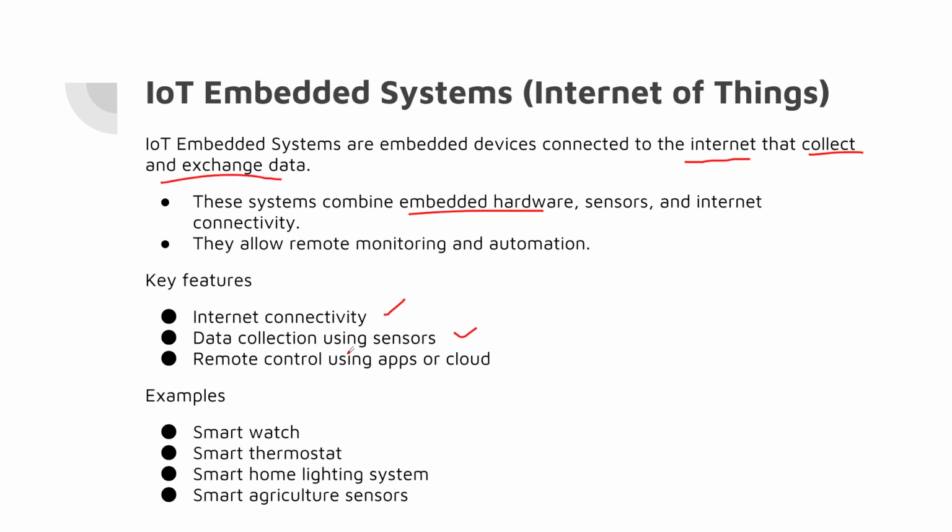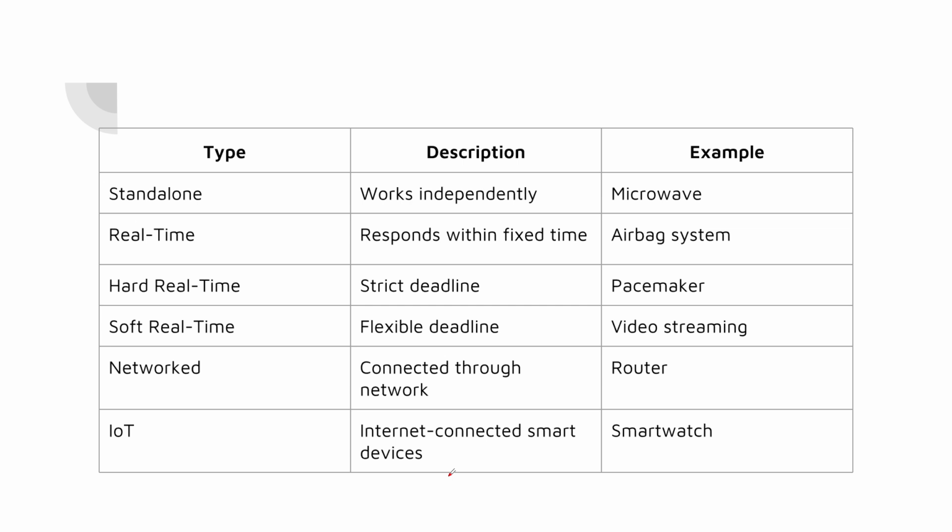These are the key features of an IoT embedded system. Some examples are the smartwatch that we are using, smart thermostat, and smart home lighting system. Everything comes under the IoT based embedded system.